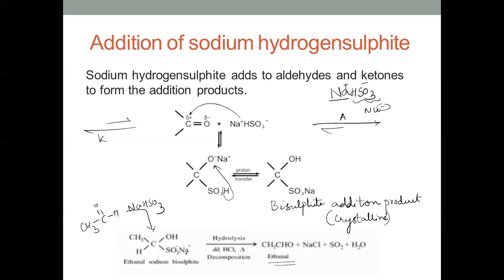After proton transfer, this on hydrolysis treatment with dilute HCl will decompose, giving back this acetaldehyde. So how we can use this reaction is for purification of aldehydes, because we are getting the pure product when the addition product is treated with acid. So it is used for the purification of the aldehydes.